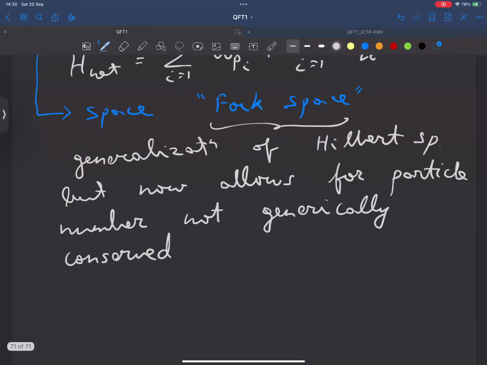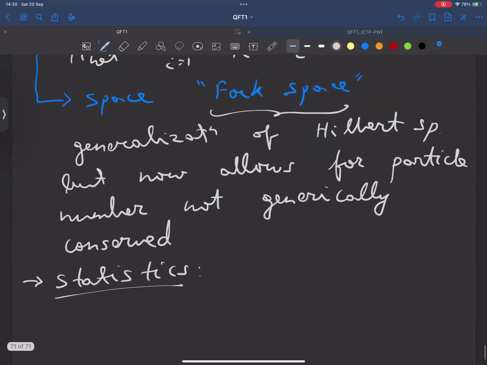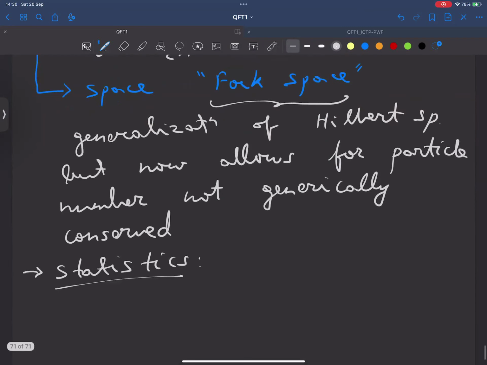Okay. So now let's talk a bit about statistics. These momentum excitations satisfy certain statistics. So for this, let's look at a two particle state.